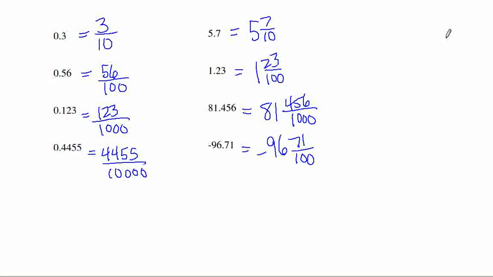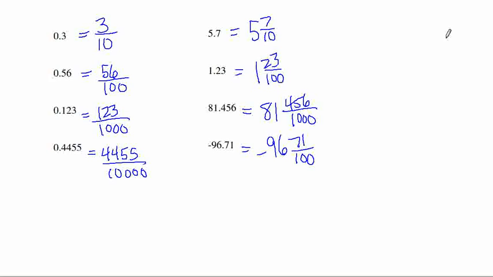Okay, so some obvious questions are, how do we know what the numerators are and how do we know what the denominators are? Notice that the numerator of each equivalent fraction is the piece to the right of the decimal.